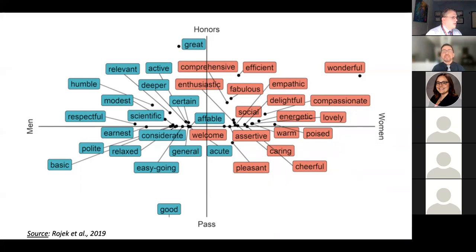And that's what I think program directors and others who are looking at these evaluations are going to be concerned about: competency. So there isn't a whole lot of competency-based terms on this chart for men or women. So maybe that's one big lesson for all of us.